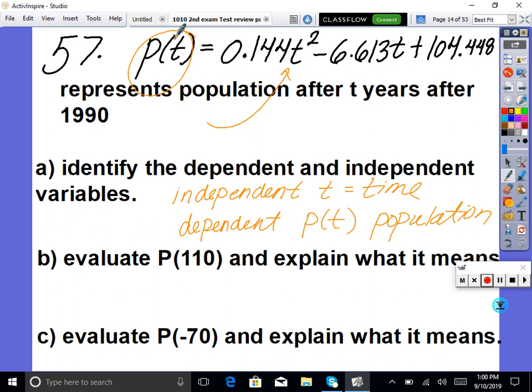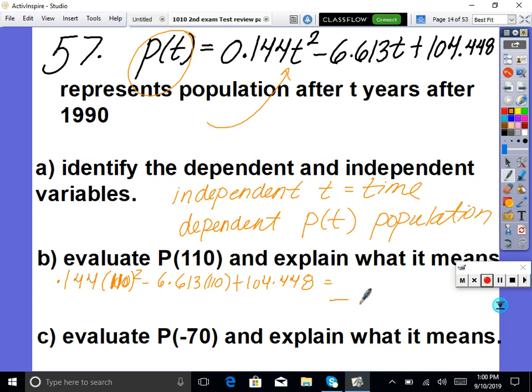Evaluate P of 110 and explain what it means. So if we plug in 110, then we would just literally plug it in and use our calculator. So that'd be 0.144 times 110 squared minus 6.613 times 110, and then plus 104.448.